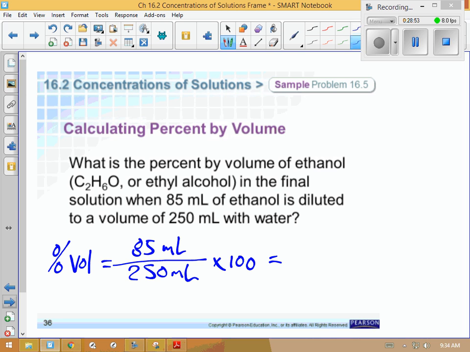Times 100 equals 34%. So this solution will be 34% ethanol. Everybody got that? It's pretty simple.